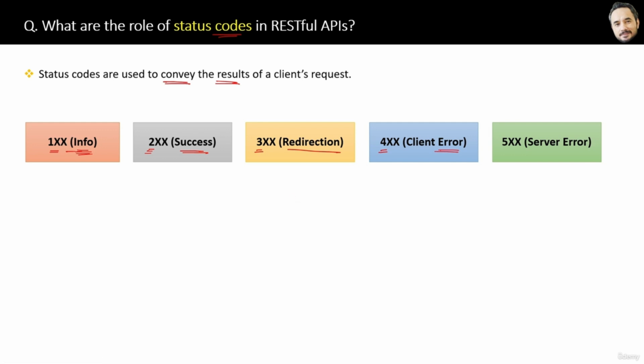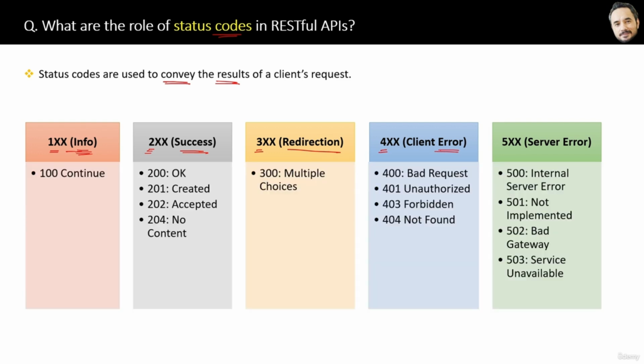Out of all these codes, the most important one is 200, which means the request was successful, and there can be some content in the response from the API server. The second important one is 204, which means again the request is successful, but in the response there is no content from the API server to the client.